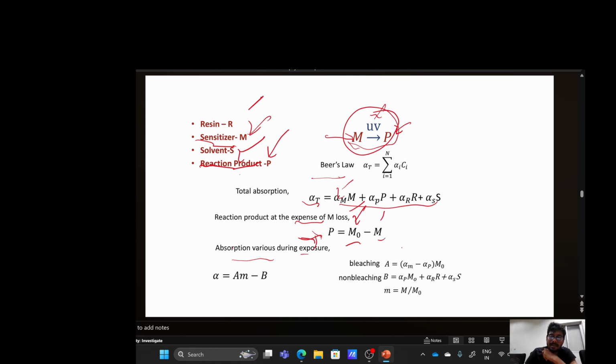There is bleaching and non-bleaching, so alpha is equal to A M minus B, the bleaching minus the non-bleaching.